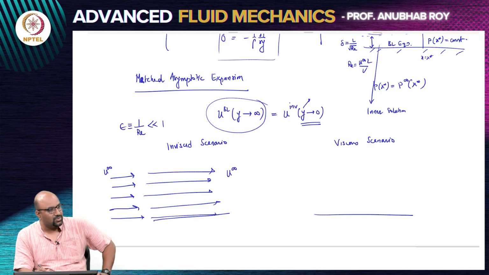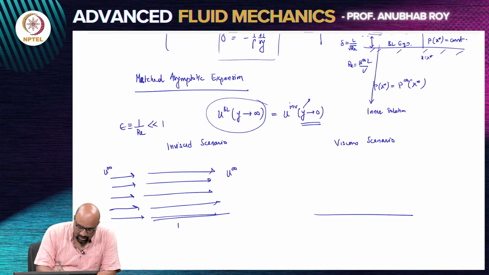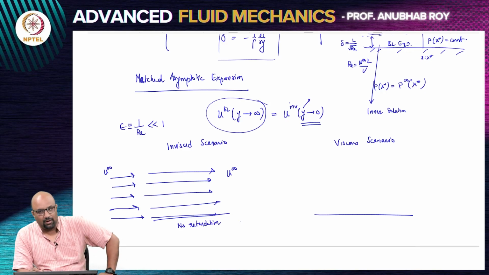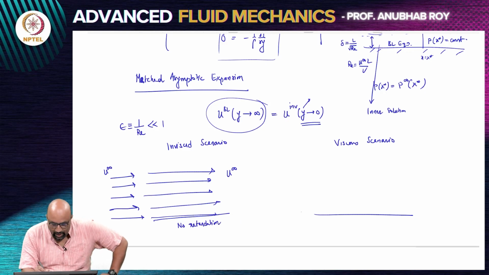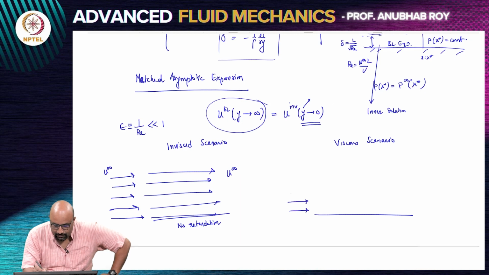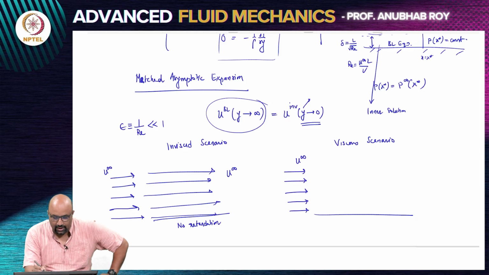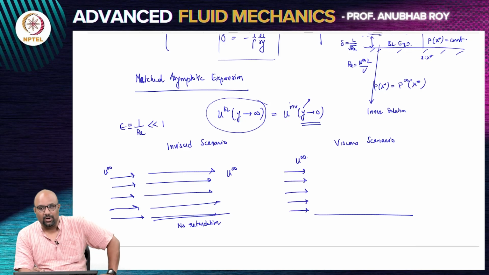So, that uniform stream that is going over a flat plate doesn't experience any retardation. So, there is no retardation or slowing down of the inflow. When you have a boundary layer, this stream u infinity is going to get slowed down.